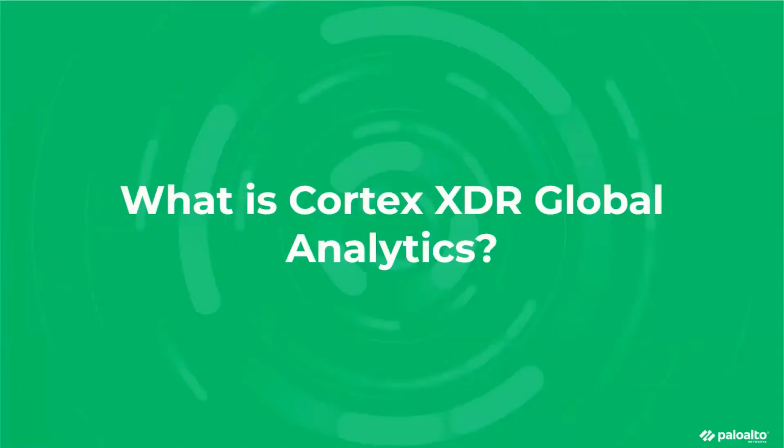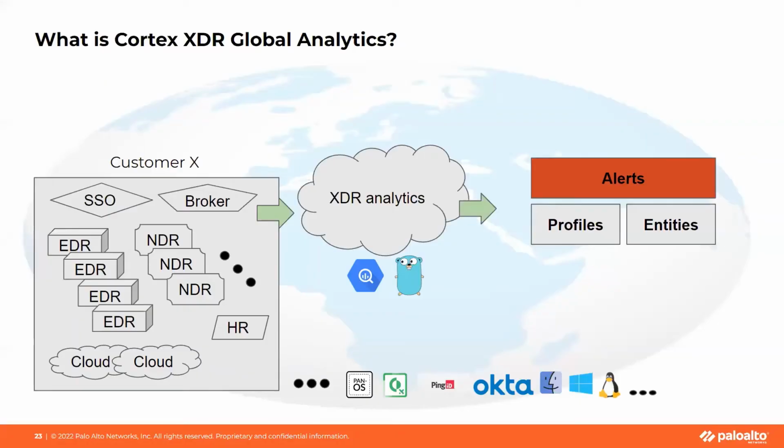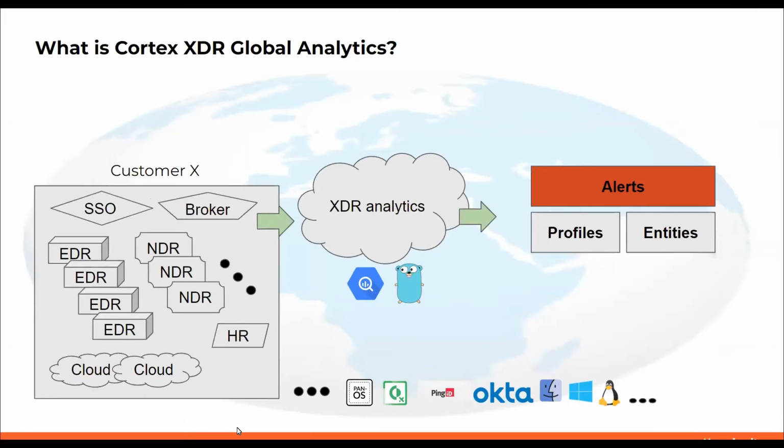Okay, so let's take this to the next step. What is Cortex XDR Global Analytics? Global Analytics is a new and powerful capability that we added to Cortex XDR starting version 3.3. It takes the concept of analytics learning that takes place on a customer environment level, in which various baselines are learned specifically for each customer environment, and it extends it to the global level.